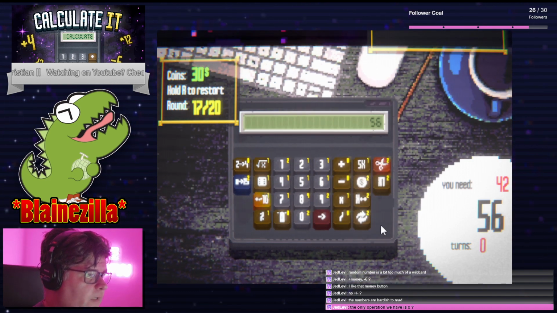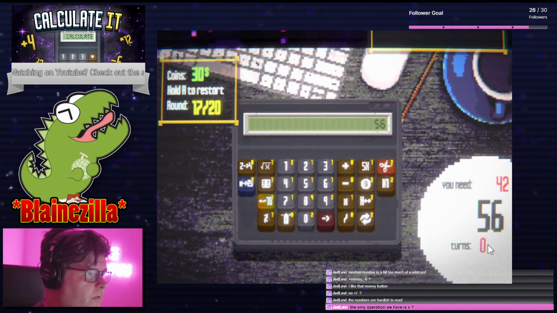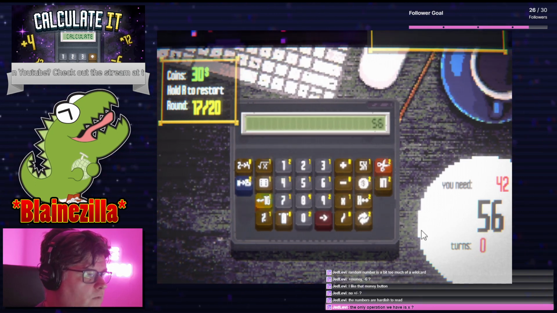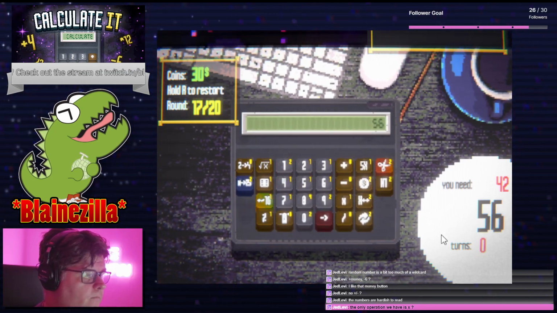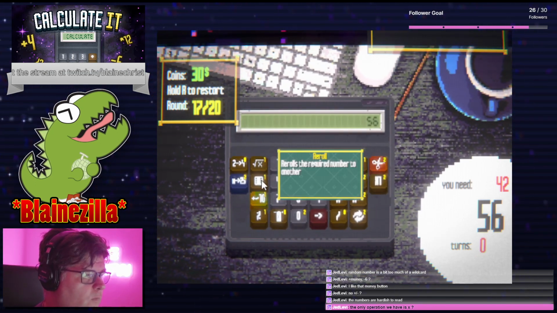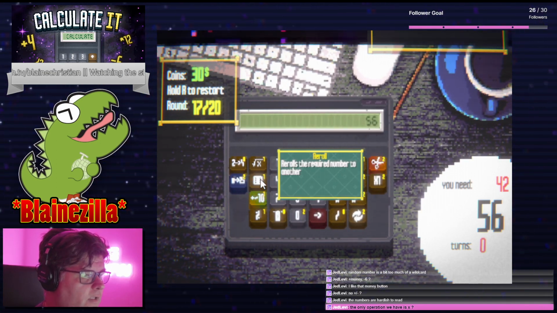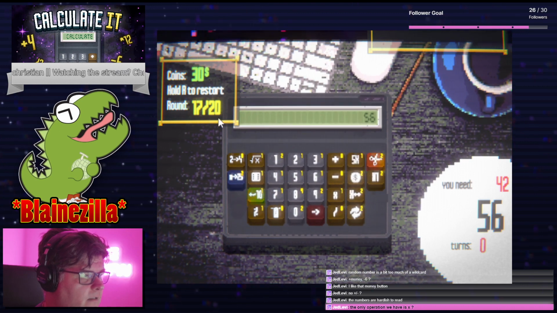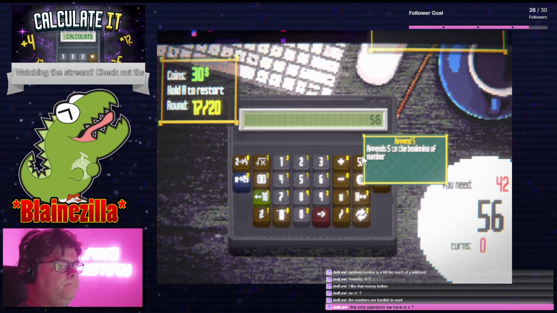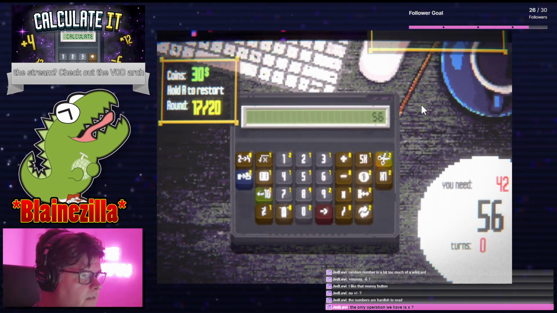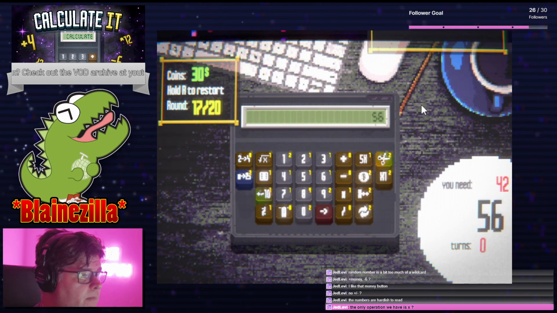The only operations we have are one multiply, one modulo, a square root. We always have our emergency reroll. You never know what's going to happen. I want to save this for if we really need it, especially like round 20. I think that could be big.